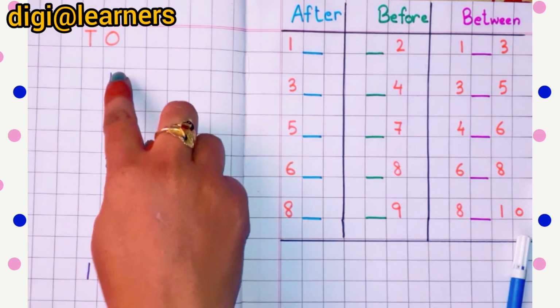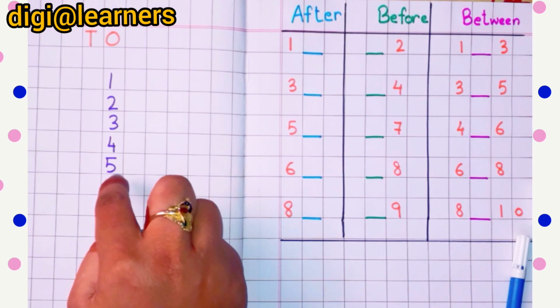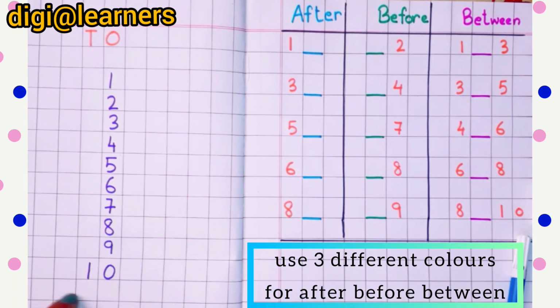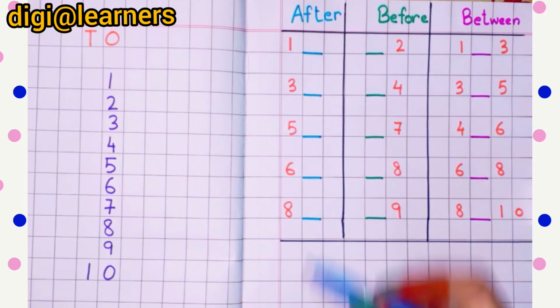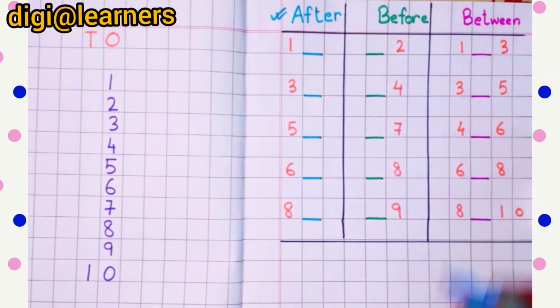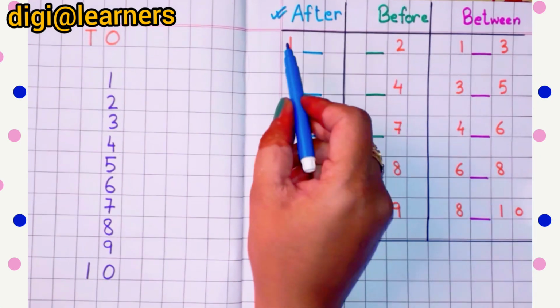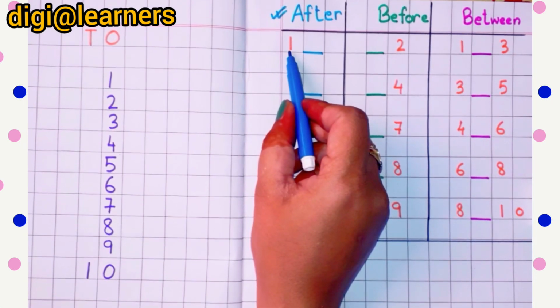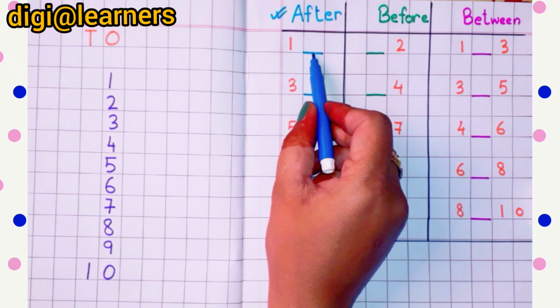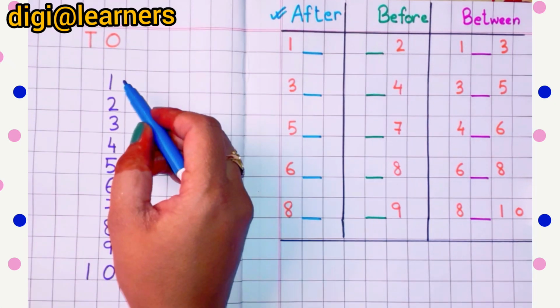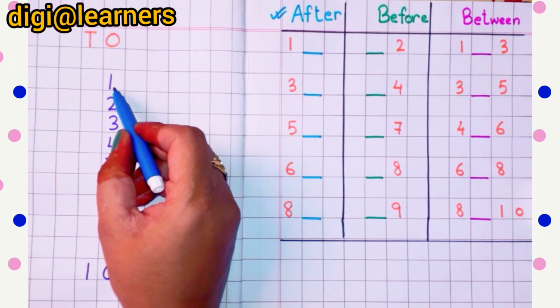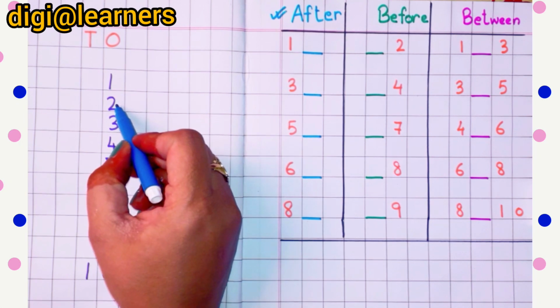So here I have written 1 2 3 4 5 6 7 8 9 10. Till 10 I have written the numbers. First we will start with the topic of after numbers. Now here I have written 1. After 1 what comes? We will follow the method of what we have written below 1.